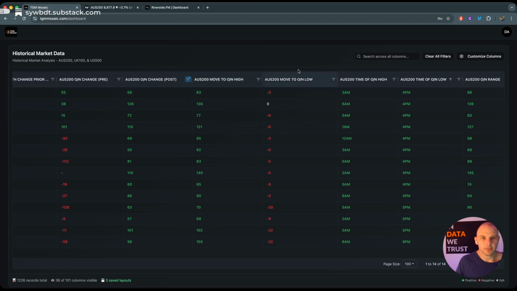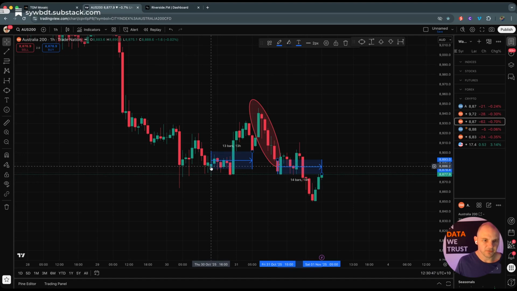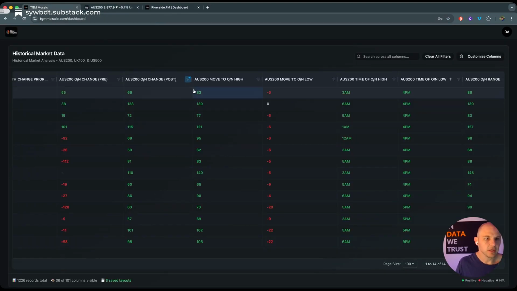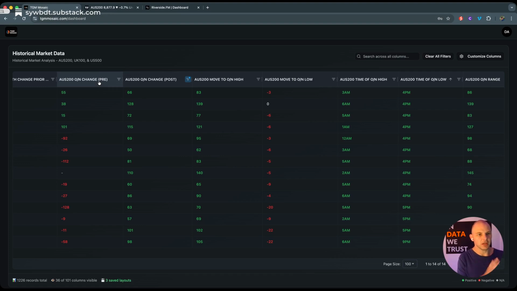Move to overnight high, move to overnight low. So this is obviously in points. So again, this is just from 4 o'clock prior day, post day. So it's always looking for the times, and let me just back up a step here. The pre's already happened given what you're looking at, okay? So that's kind of an input into trying to predict what's going to happen today, the day that's coming.